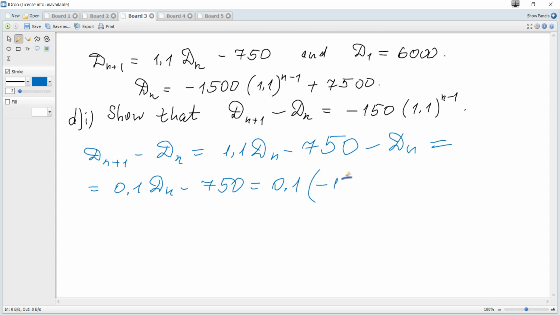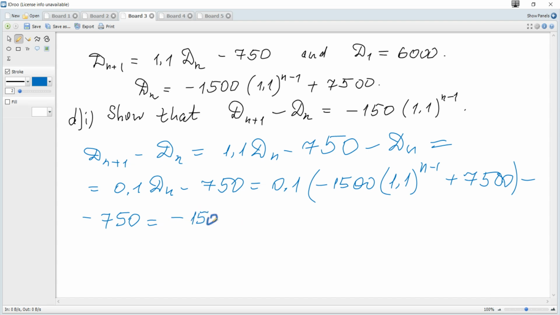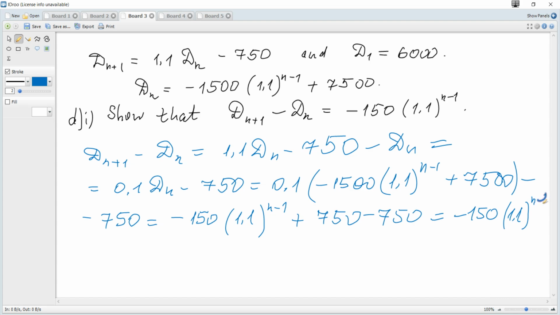So negative 1500 times 1.1 to n minus 1 plus 7500 minus 750, and just expand to get what? Negative 150 times 1.1 to n minus 1, and plus 750 minus 750, and it's just negative 150 times 1.1 to n minus 1 as required.